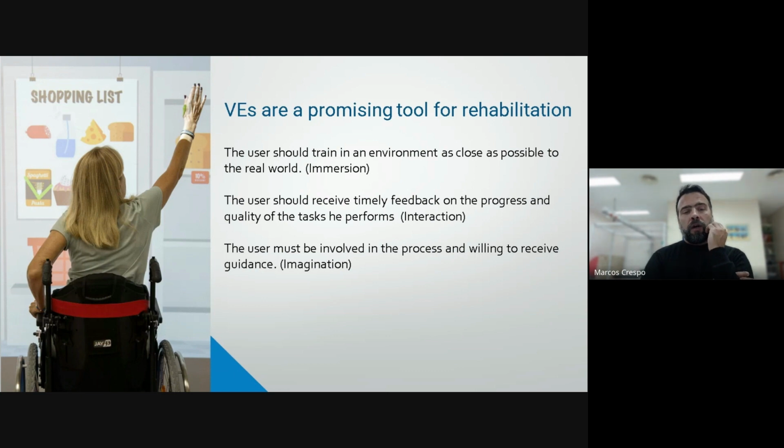This is called imagination, and we think that this system, Nirvana, or the virtual environment that we use, is a good example of that. And this is also very related to motor learning principles, because you need a lot of feedback, a lot of interaction. Of course, if the patient is involved and focused in the activities, it is better for motor learning.